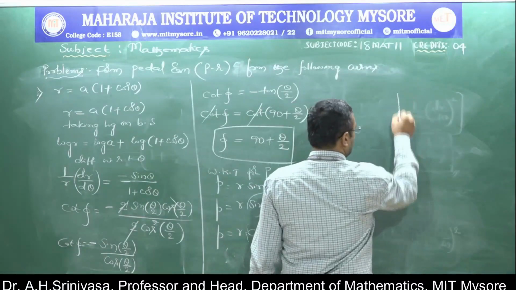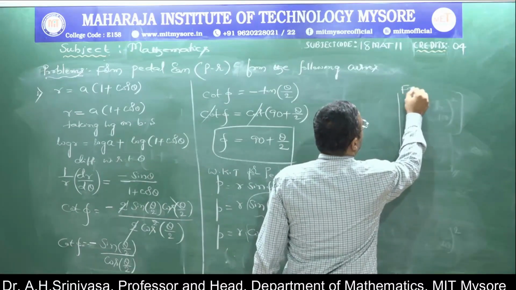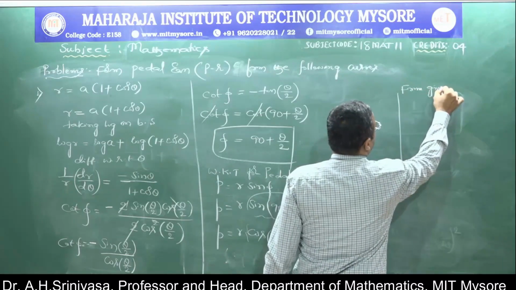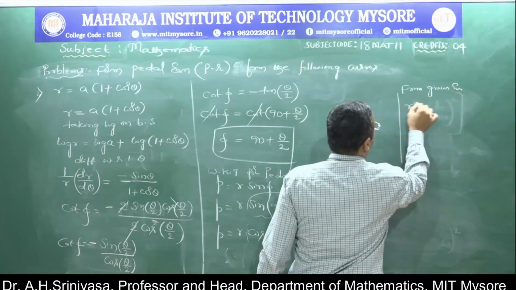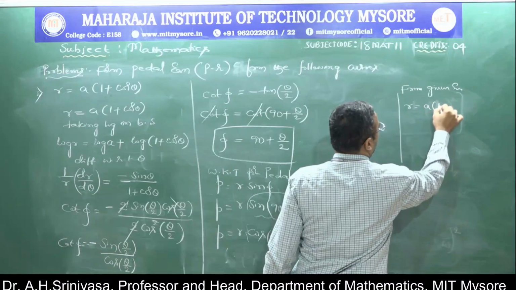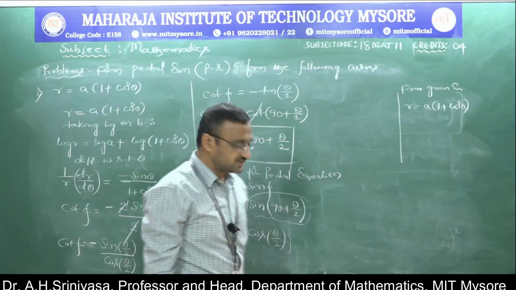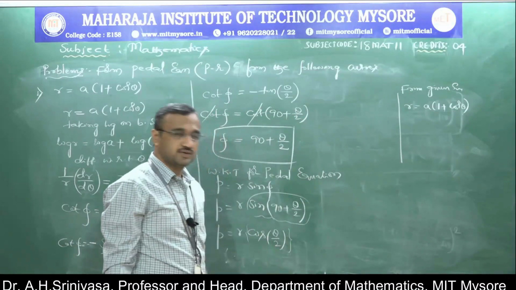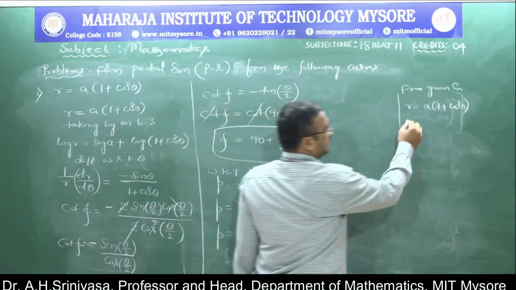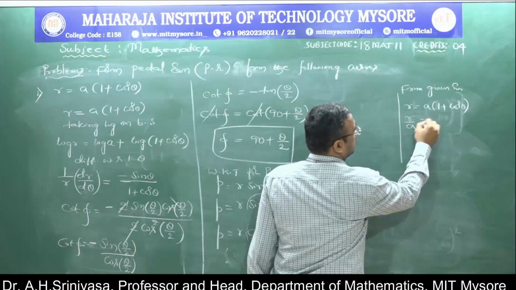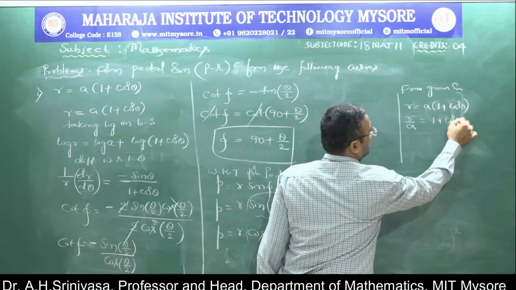So just I am writing here, from the given equation r equal to a times 1 plus cos theta. Using this relation, you get the value of cos theta by 2. r by a should be equal to 1 plus cos theta.